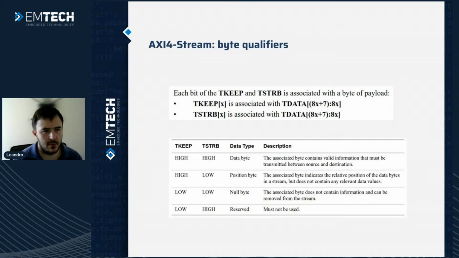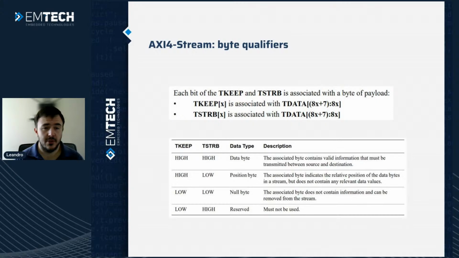So it's common to see that the t-keep will be telling the downstream module which of those bytes you want to keep. But if you use this truth table, if you use the strobe in another position, the t-keep can also be used to indicate position instead of data. This is mainly used when you want to do some kind of interleaving.